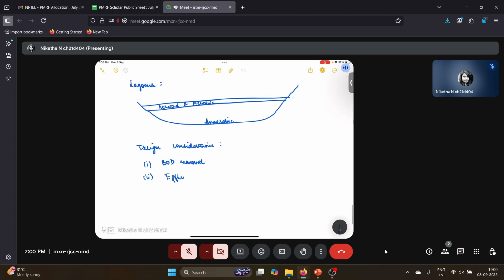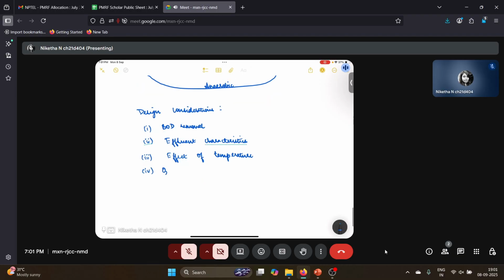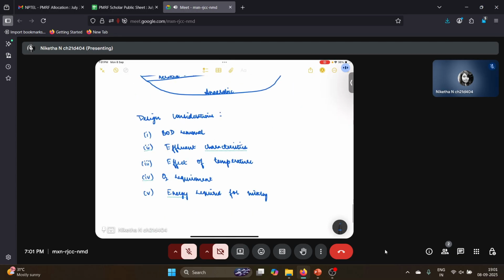Then the effect of temperature, oxygen requirement, energy required for mixing, and solid separation.